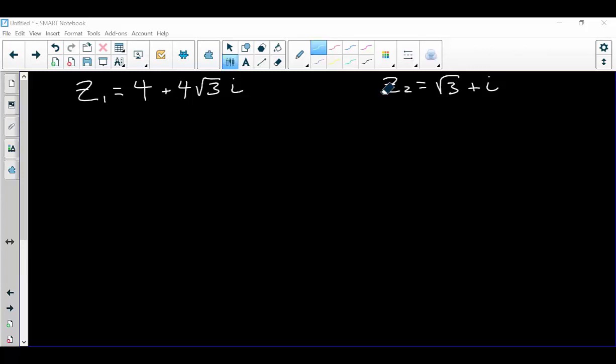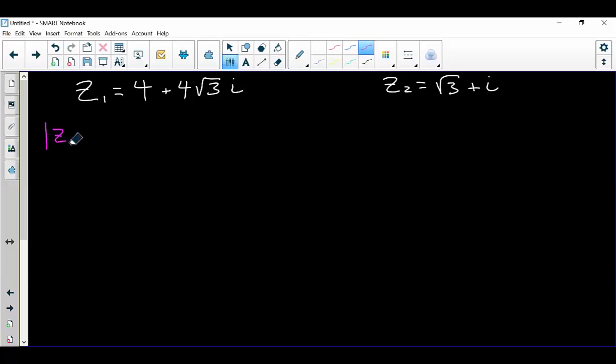But here are two complex numbers. Now, what we want to do first is convert these to polar form and exponential form. Those are the two things that we're going to need to do. So here I go. Let's look at this one.